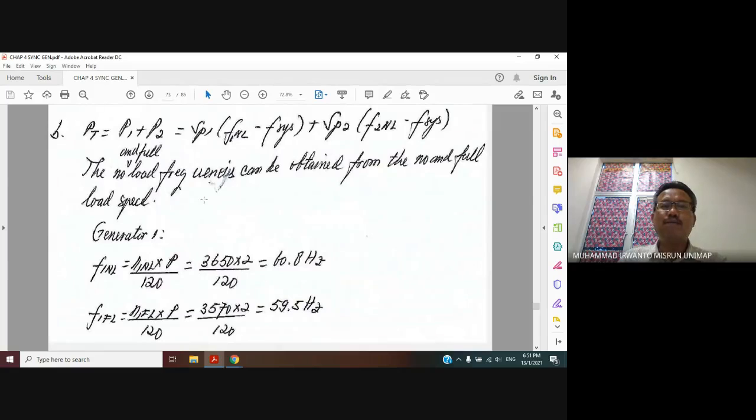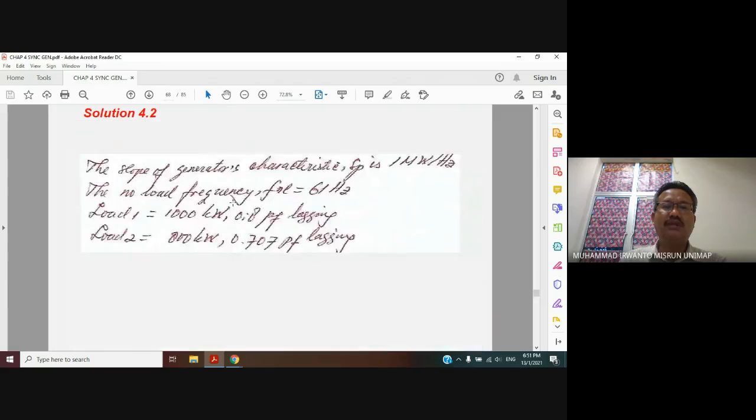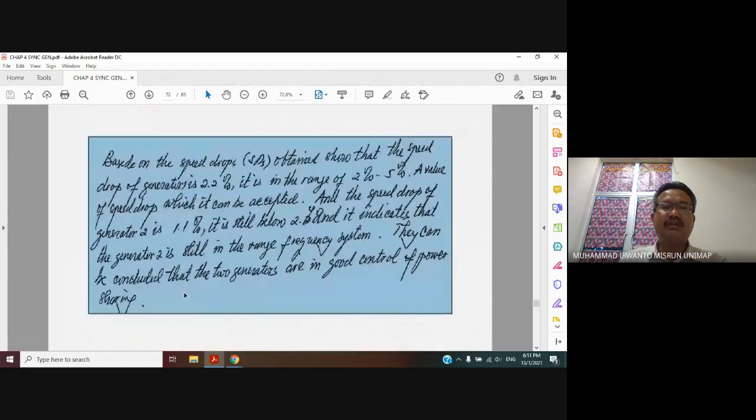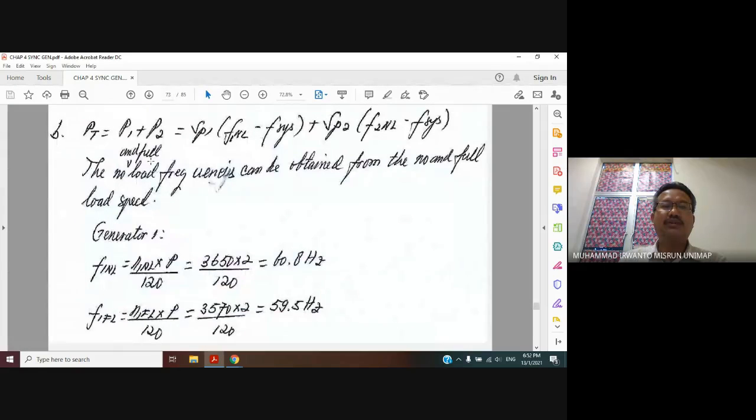Then we want to find the system frequency. Estimate the operating frequency.